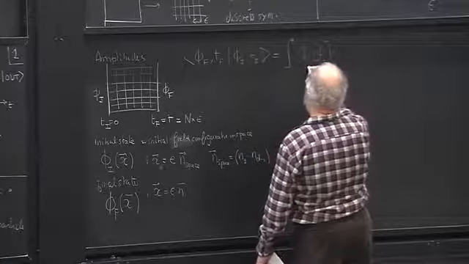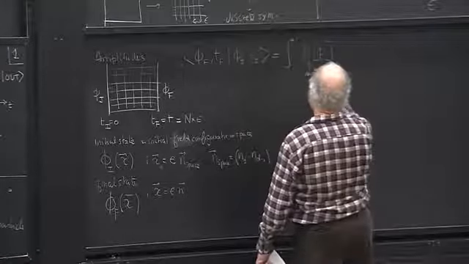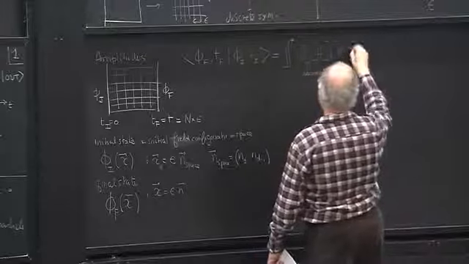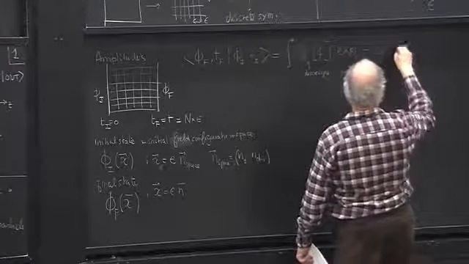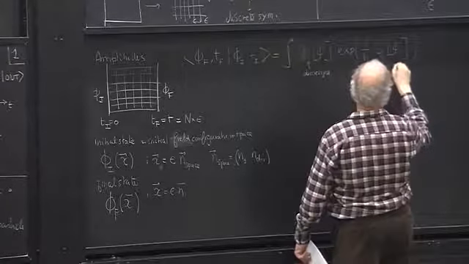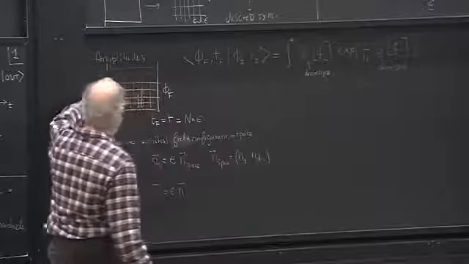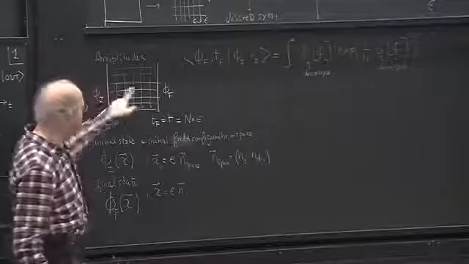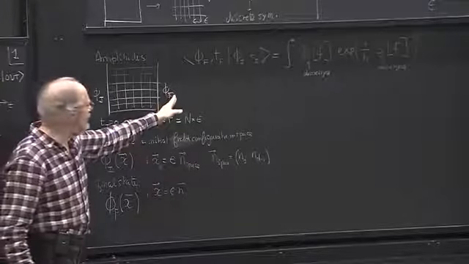So this is discretized. With an exponential of i over h bar. The action is also discretized. So you integrate over all the possible value of the field at all the points of the lattice in between the initial and the final time slice.